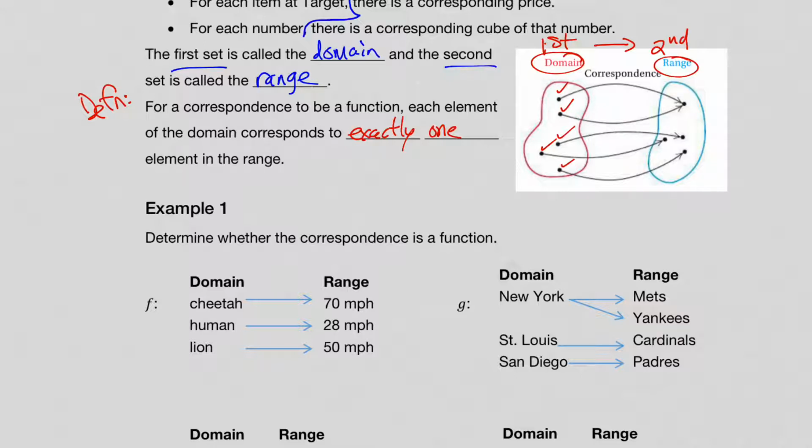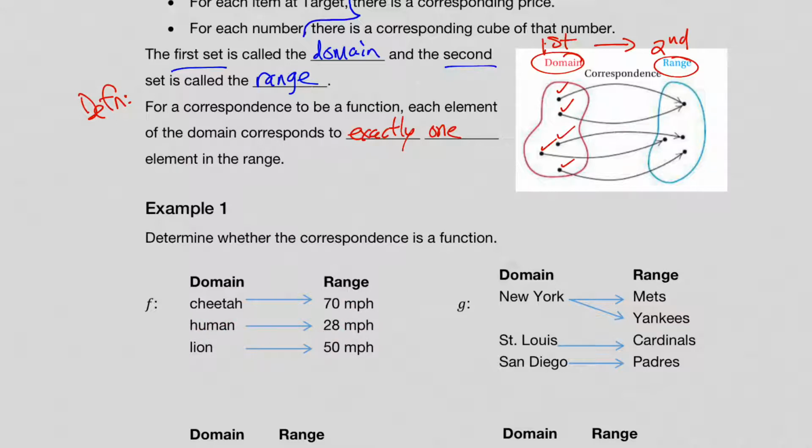And if it's not true for what we just talked about, each element of the domain corresponds to exactly one element in the range, then we have a problem, and that's the fact that it's not a function. So if you look at the first case, all right, this is called the function f, okay? And the function f, as you can see, are some things in the animal kingdom, including humans, that run, and you can see how fast the cheetah runs, the human, the lion.